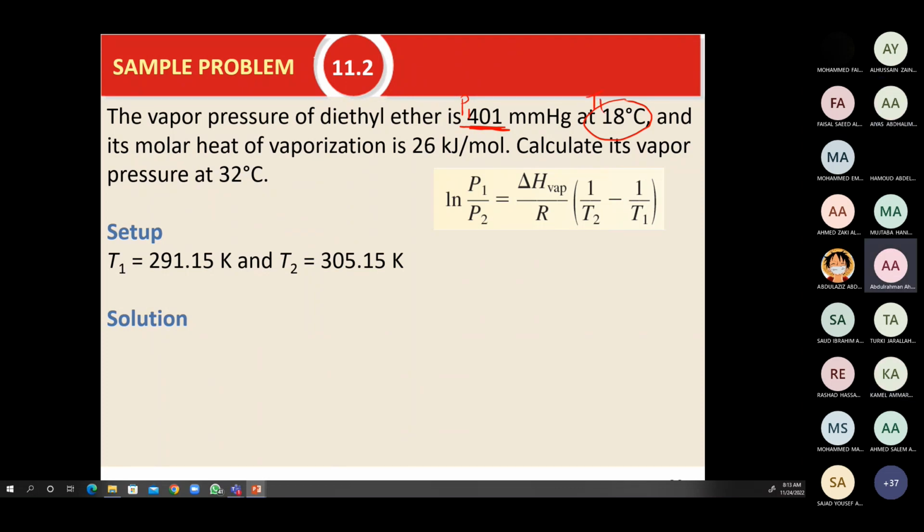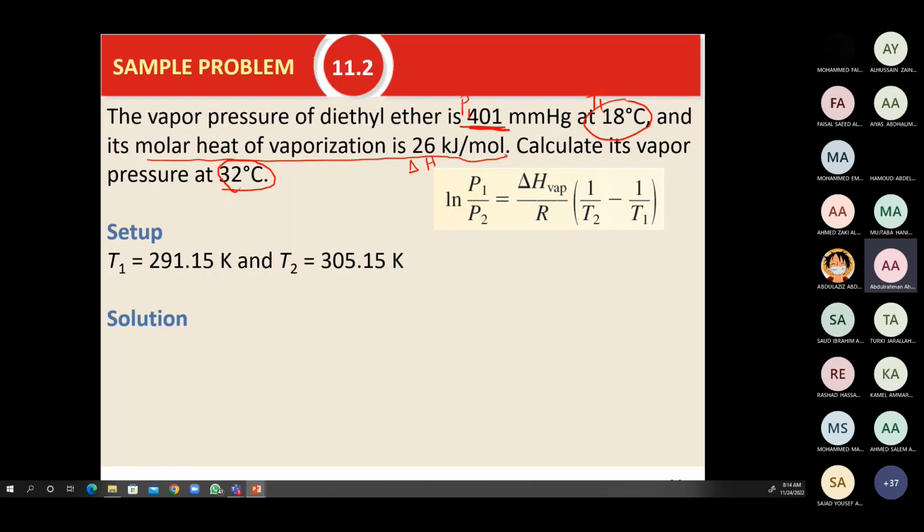The molar heat of vaporization is 26, that's delta H. Calculate the vapor pressure at 32 degrees C.